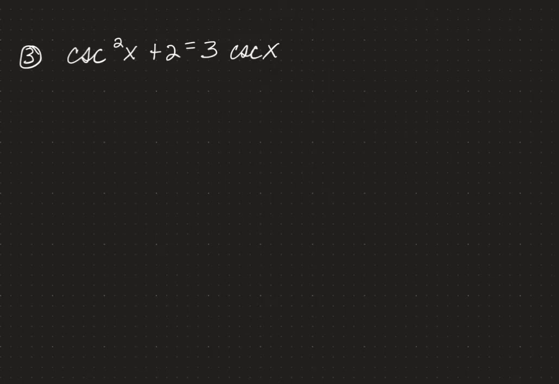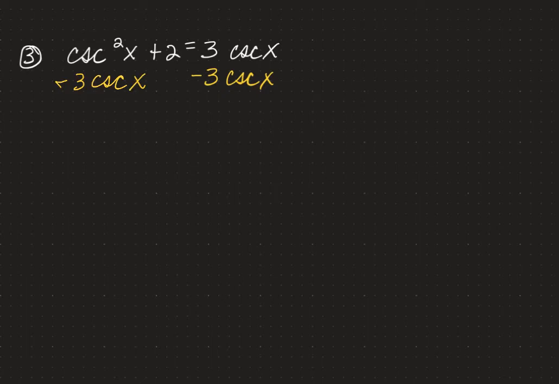Time for example 3. This one will be a little bit different. Remember all of the algebraic methods of solution that we have used. In particular, with this one, my suggestion is that you move 3 cosecant of x to the other side by subtracting it from both sides.